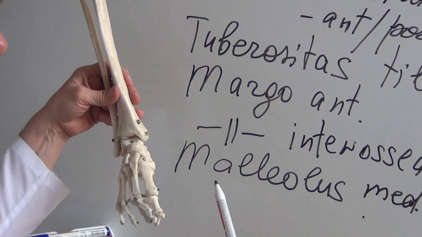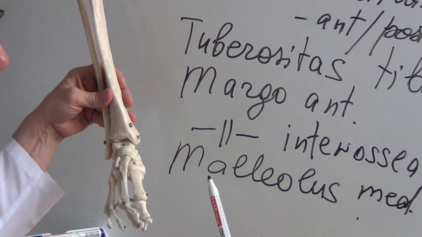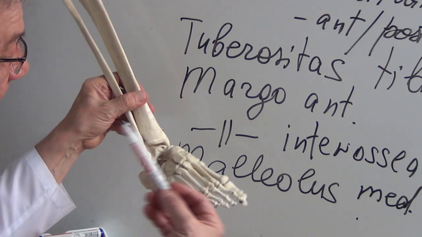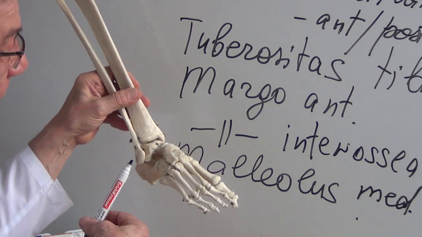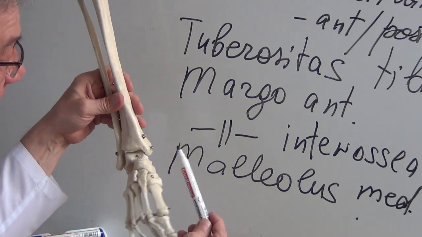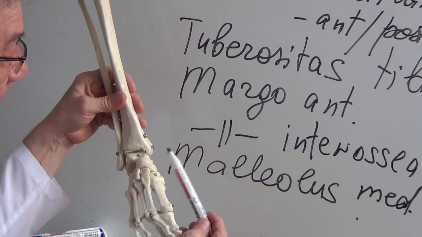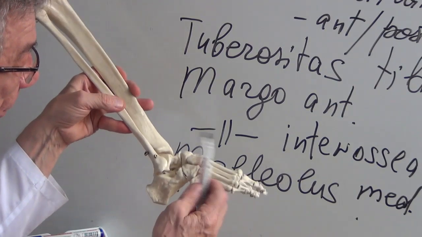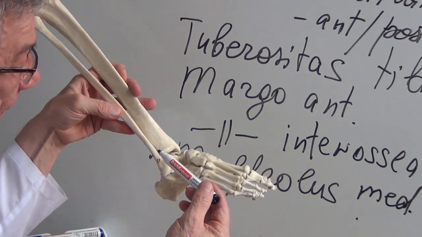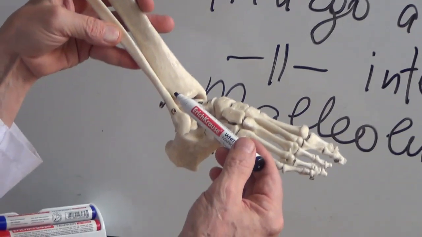And on the tibia we can't find malleolus lateralis, because malleolus lateralis is part of another bone, the fibula. So on the tibia, only malleolus medialis.